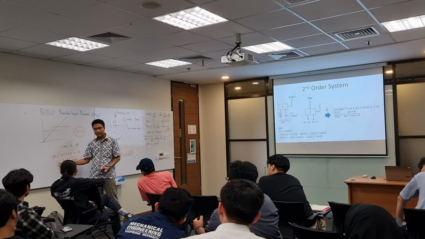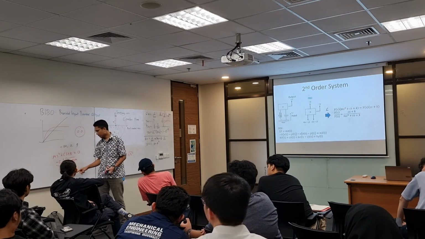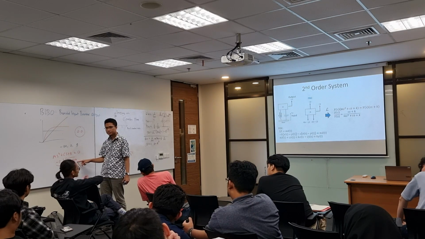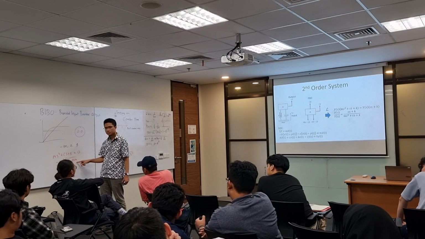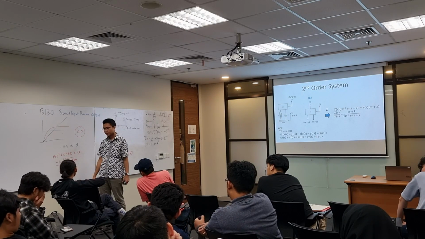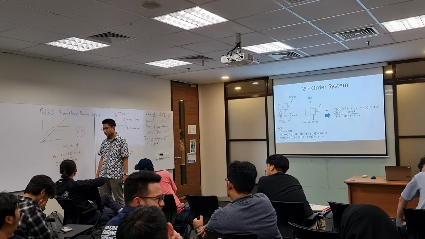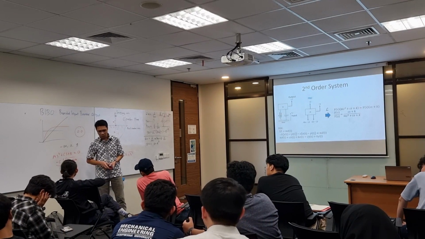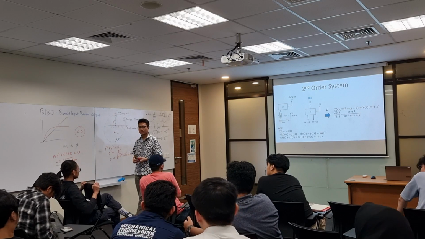So this part is negative already. And then the c square minus 4km is just the imaginary part. It doesn't really matter. What matters is the c. So it is a stable system.